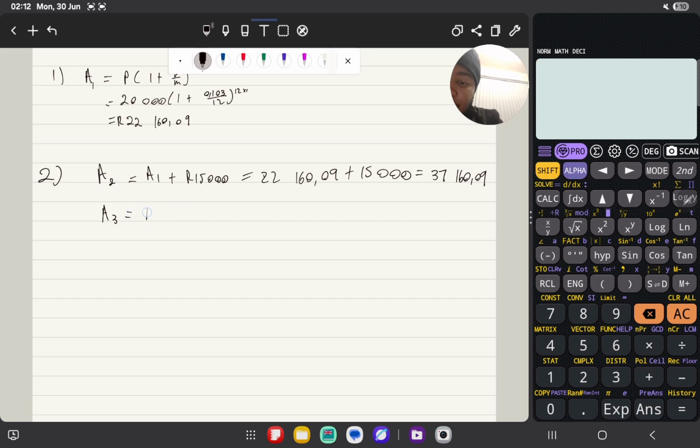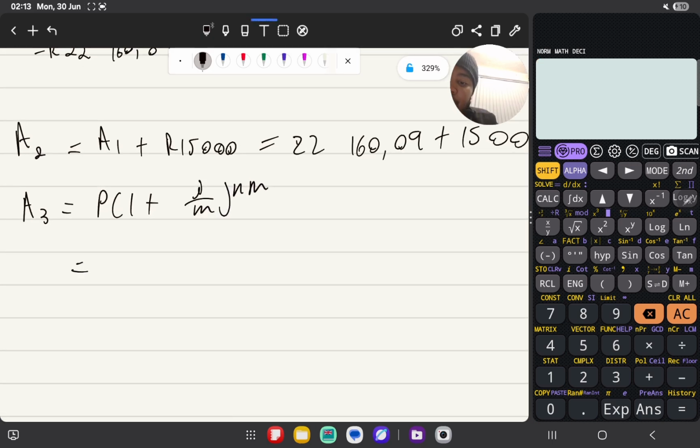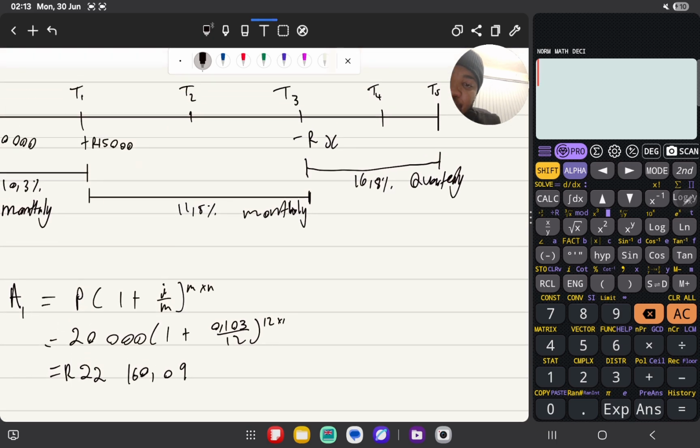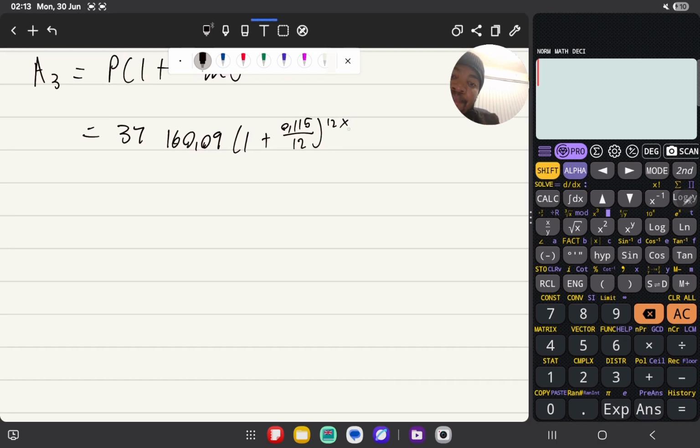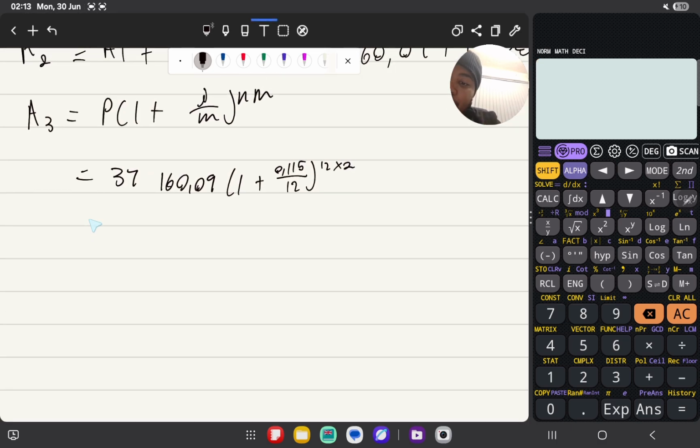A3, P1, I. You have 37,160.09, 0.115 monthly, 12 times from year 2 to year 3, that is 1, that is 2, so it's times 2. And we want to see how much that is.